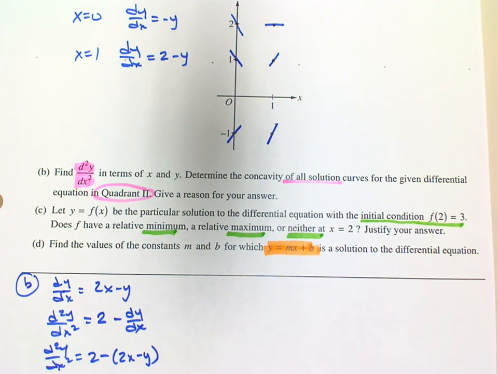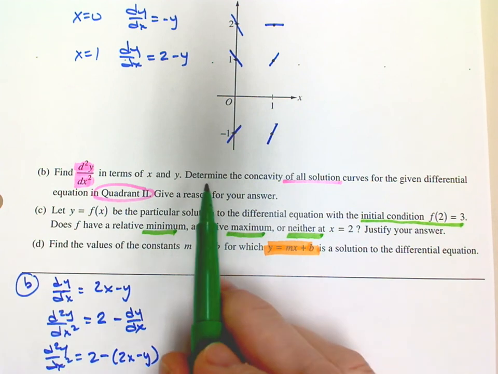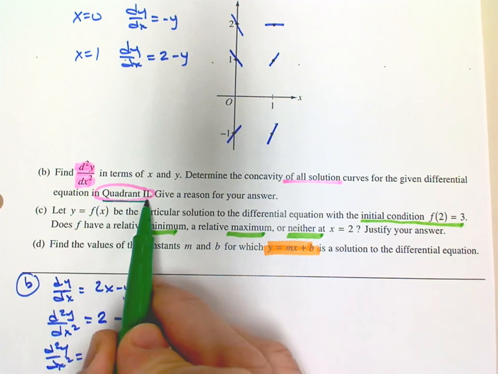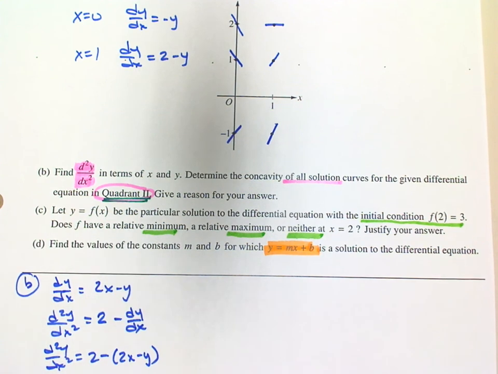Okay? Now the next part of this question says determine the concavity of all solutions in the second quadrant. What do we remember about the second quadrant? We know in quadrant number 2 that our x is less than 0 and our y is greater than 0.